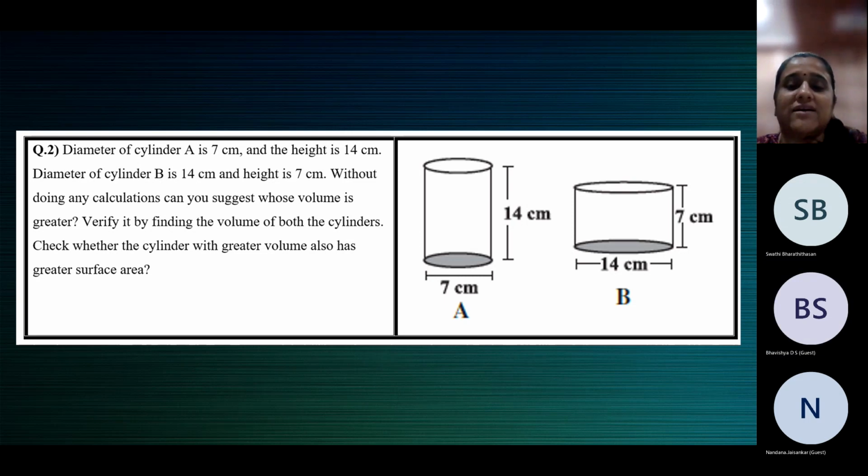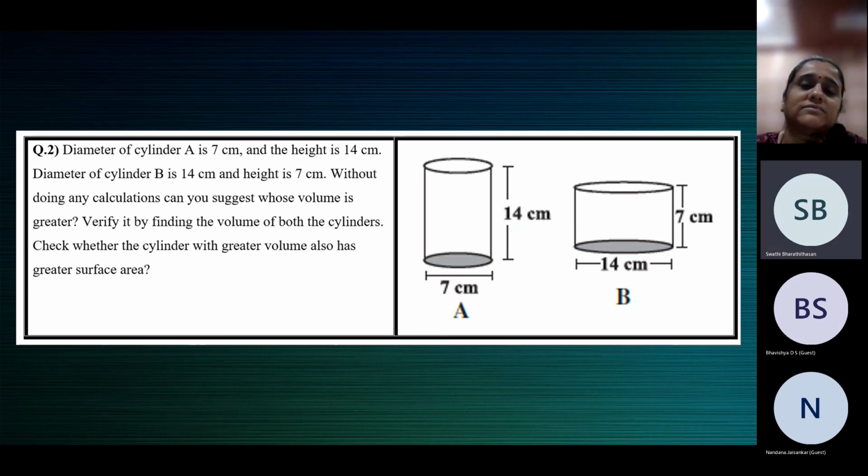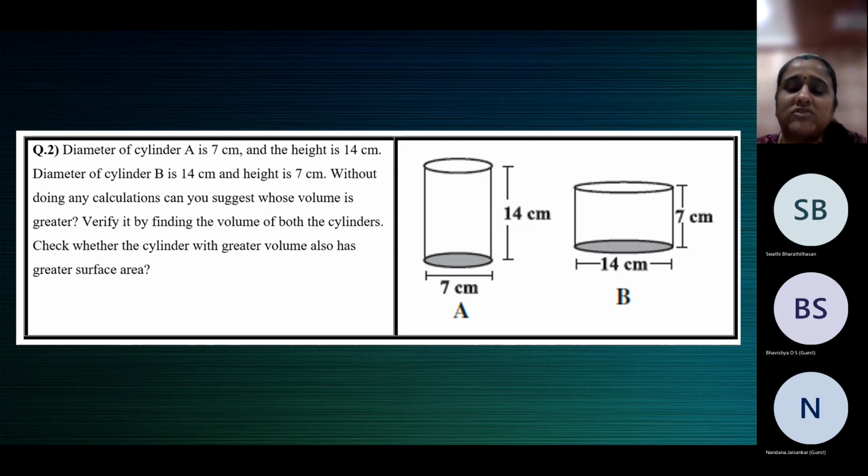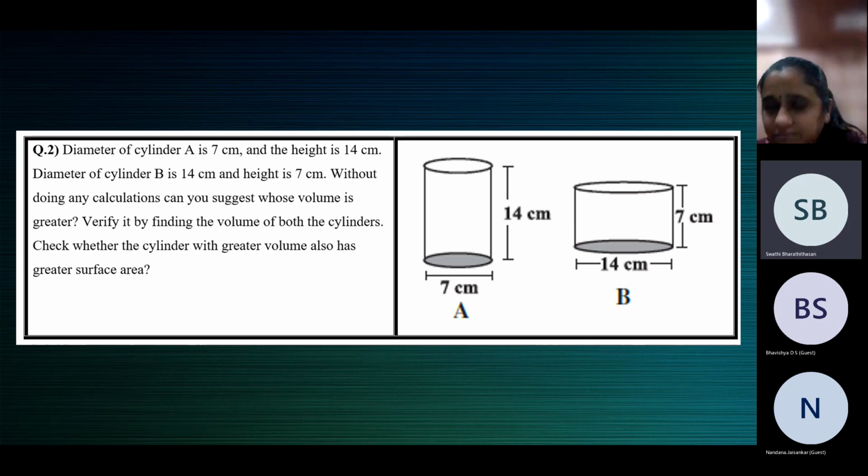Very good. The diameter of cylinder A is 7 centimeters and the height of cylinder A is 14 centimeters. Swati, for cylinder B? Ma'am, the height is 7 centimeter and the base of the cylinder is 14 centimeter. Base of the cylinder meaning what, what value is 14? Ma'am, the length of the cylinder.